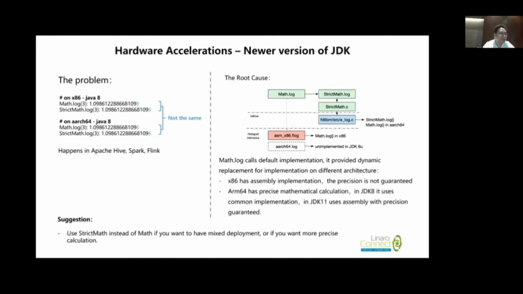In Java 8, x86 has an accelerated implementation which runs faster, but the mathematical accuracy is not correct. In Java 11, the ARM platform also added the corresponding acceleration, and it provides both faster calculation while maintaining mathematical accuracy. So simply using a newer version of Java in your application can provide better performance.